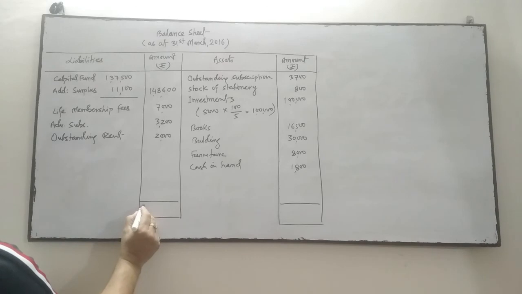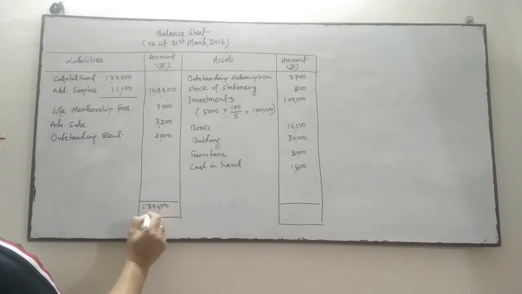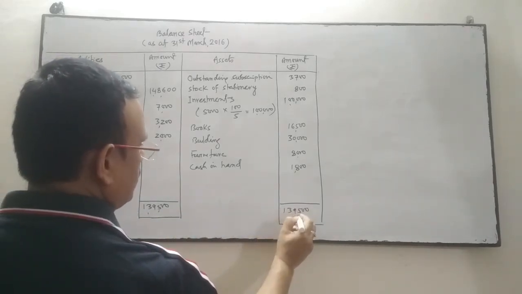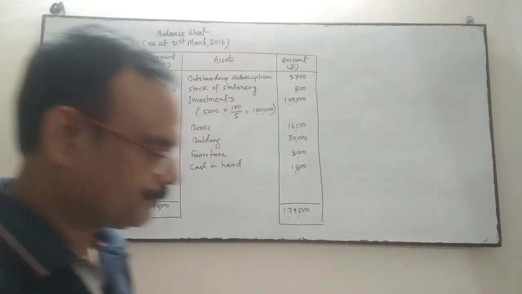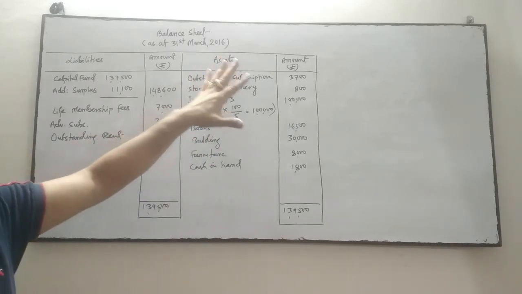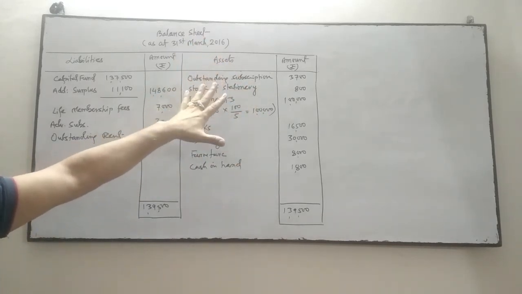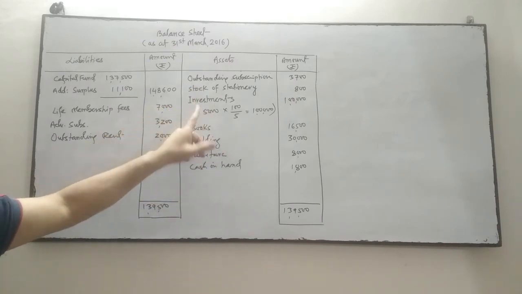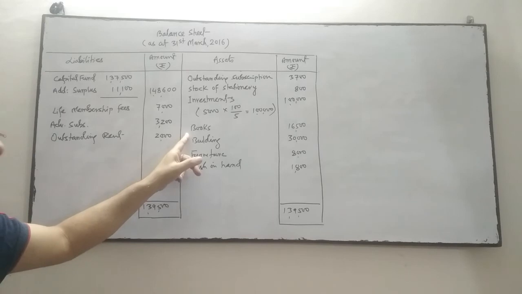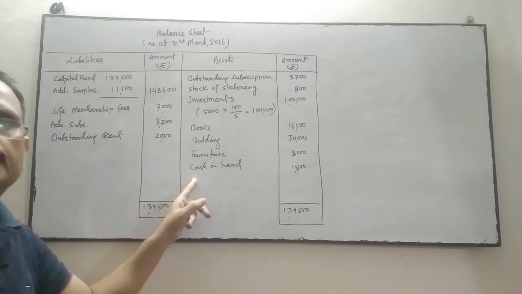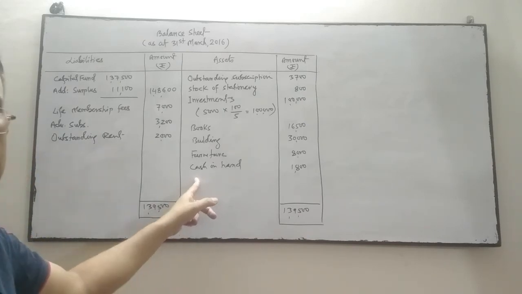This side total is 1,39,500 and this side total is also 1,39,500. So all the assets of the current financial year, I have written over here: outstanding subscription, stock of stationery, investment, books closing figure, building, furniture closing figure, and cash in hand. This figure I have taken from the receipt and payment account, last item.